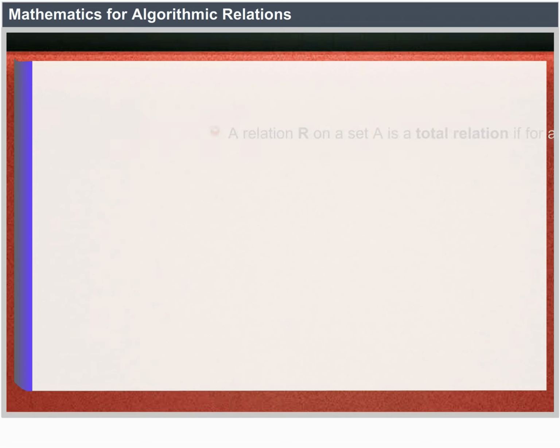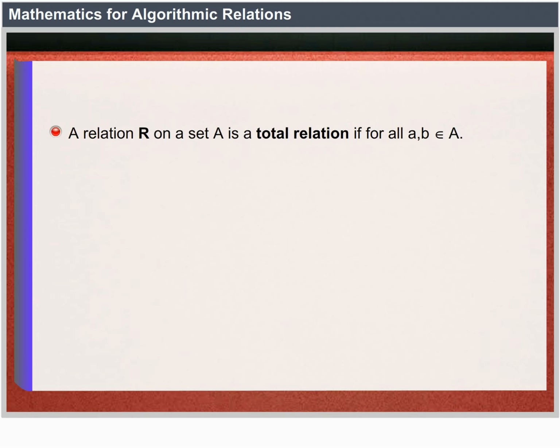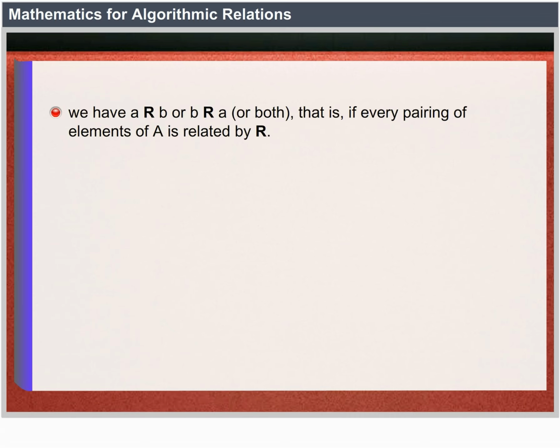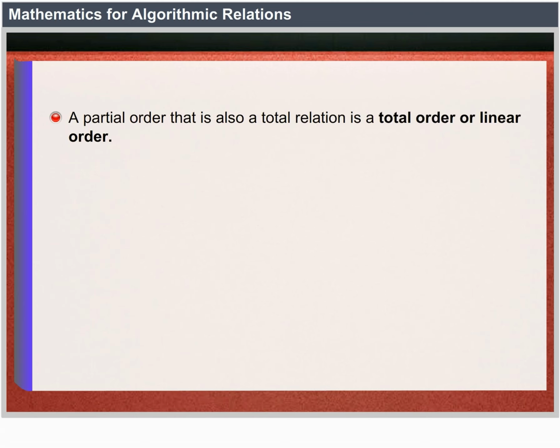A relation R on a set A is a total relation if for all a, b belongs to set A, we have aRb or bRa or both, that is, if every pairing of elements of A is related by R. A partial order that is also a total relation is a total order or linear order.